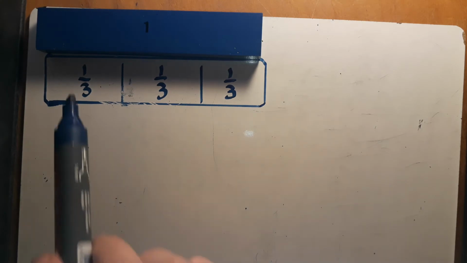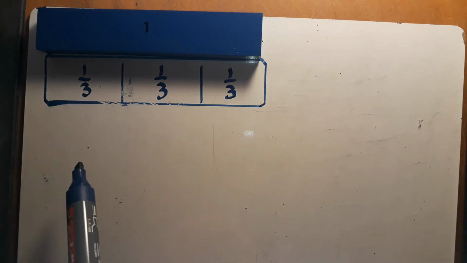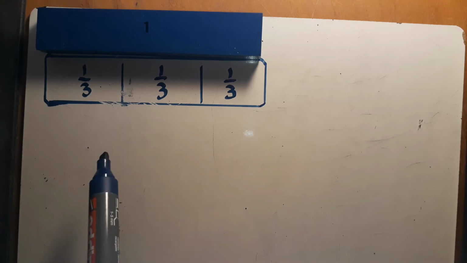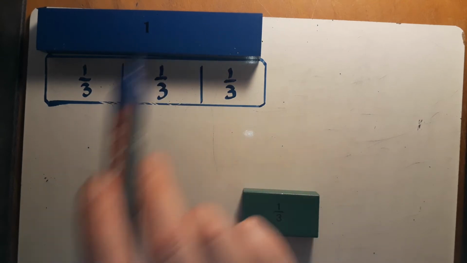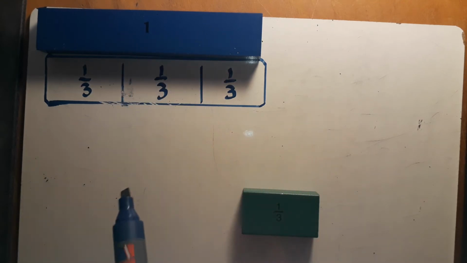Now, because I've left some of my other fraction bar models at school, I'm having to use these ones. I don't have as many of these, but we'll still be able to use them to demonstrate our example. So we know that 1 whole is the same as 3/3.